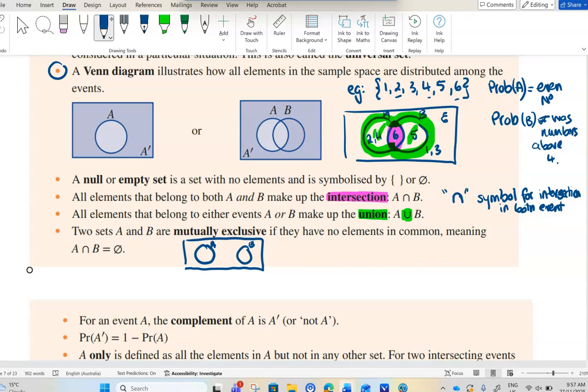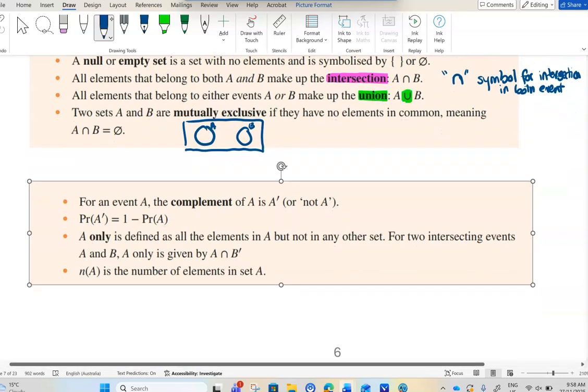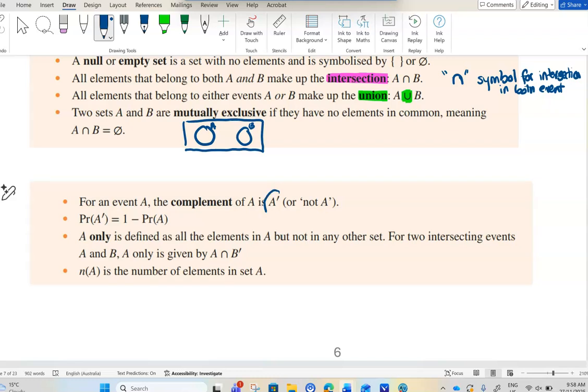Now, they start to say, the probability of A was all the even numbers. Then they're going to ask, what's the probability of it not being an even number? So they say not A. Instead of writing out all of that, they write this symbol here. See the dash?